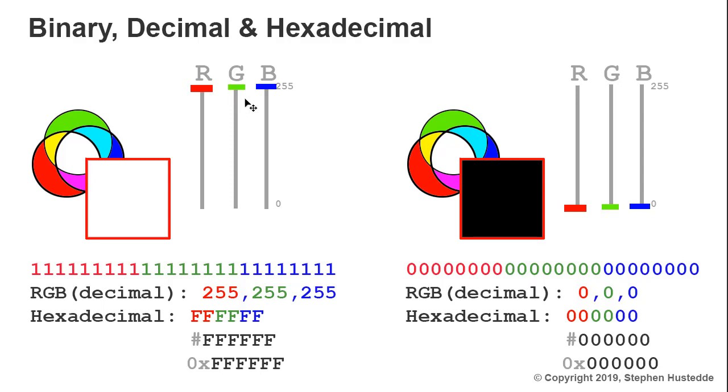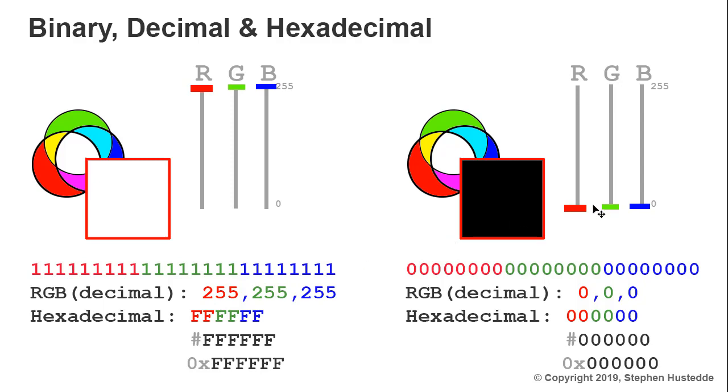If I go to the wall and move those switches all the way up to the high level, so we're going to flood the room with all the red light we can, all the green light, and all the blue light, and it's going to intermingle, and what we get is a color of white. You can think about the color prisms. Okay, so a 255 value for all of those gives us the color white, and every bit would be 1.